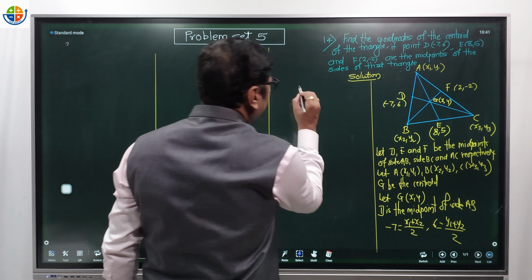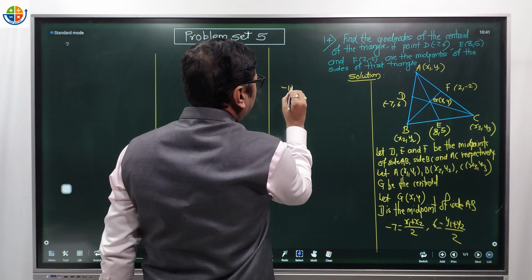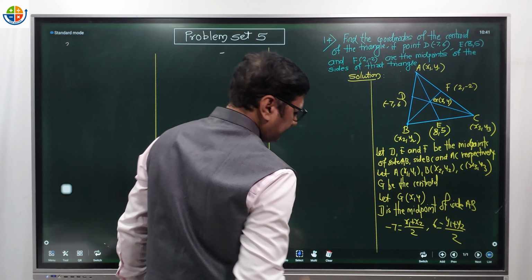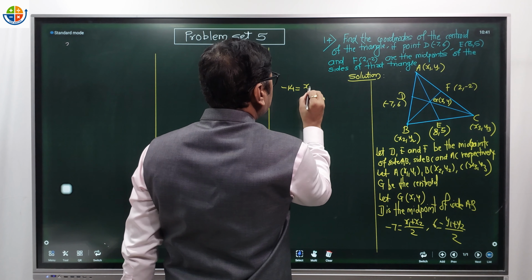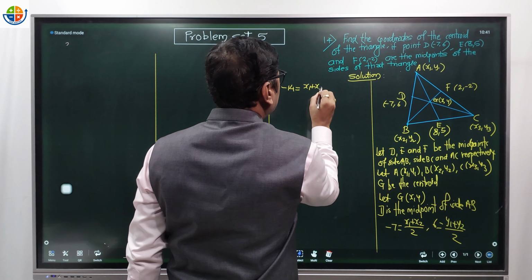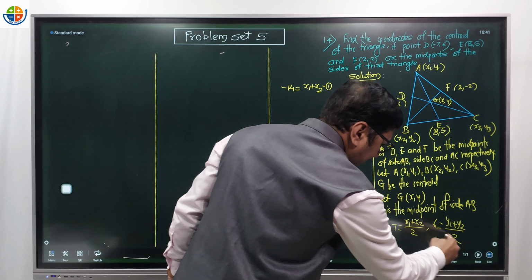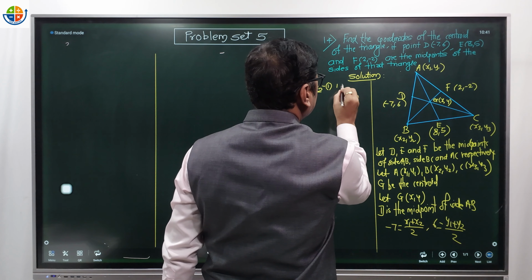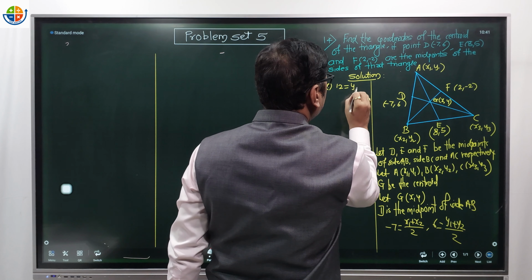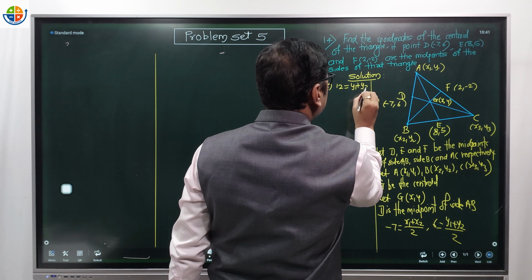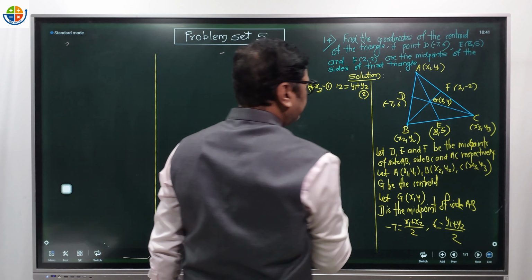Take 2 on this side, you'll get -14 equal to x1 plus x2. Suppose this is equation number 1 and 12 is equal to y1 plus y2. This is our equation number 2.